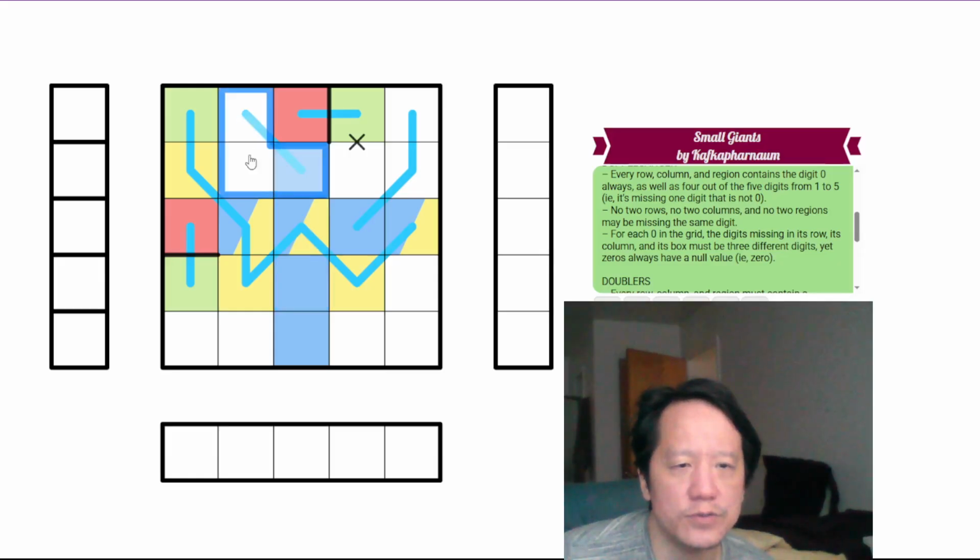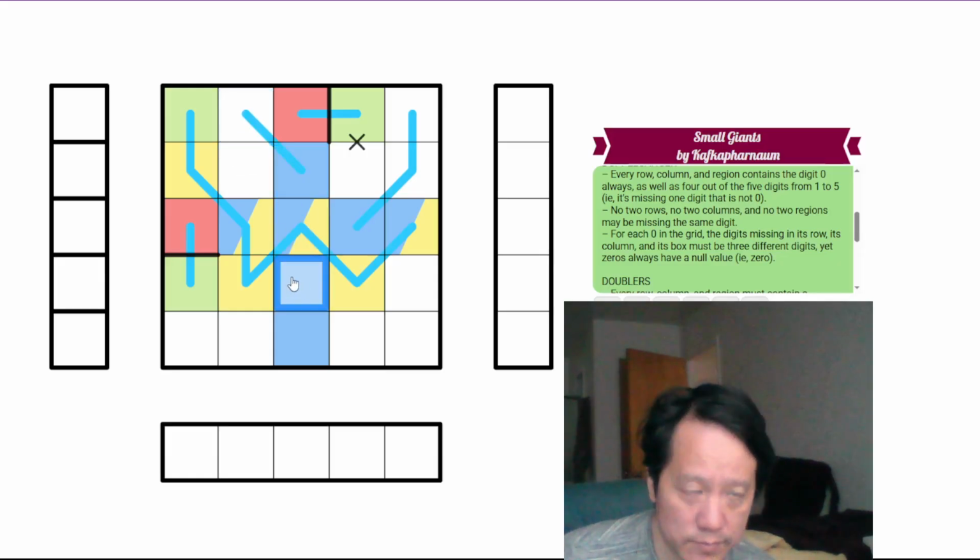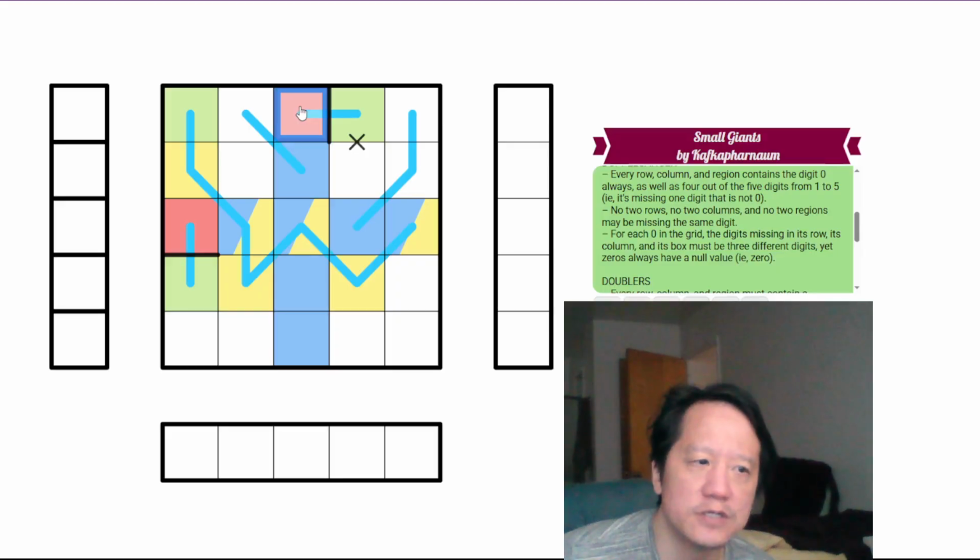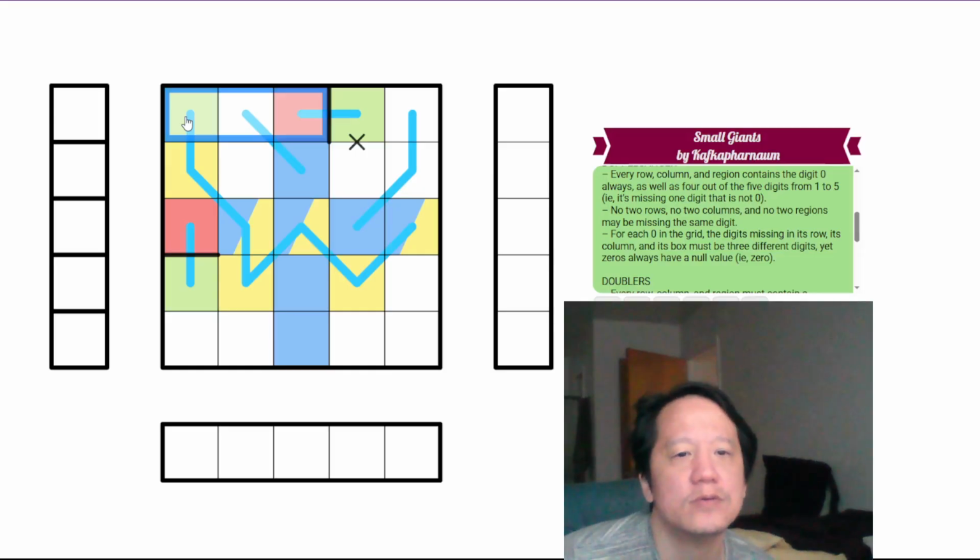One of these two is. This is not a region number because it's a doubler. So because of that, it has to go either to here as its region number or to here as its region number.